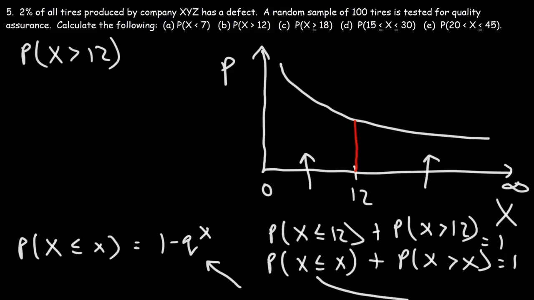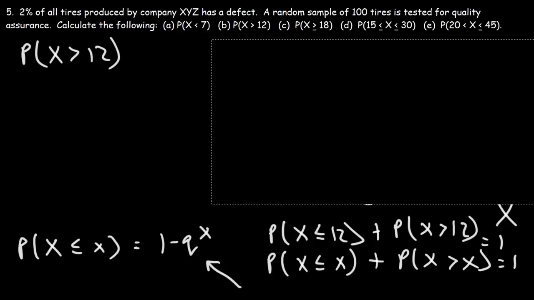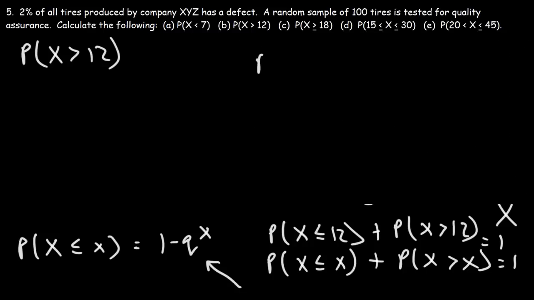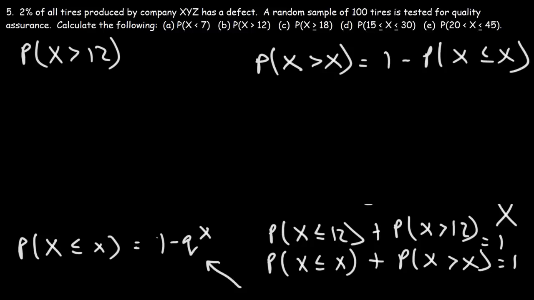So taking this term and moving it to that side, we have the probability that x is greater than x is equal to 1 minus the probability that x is less than or equal to little x.